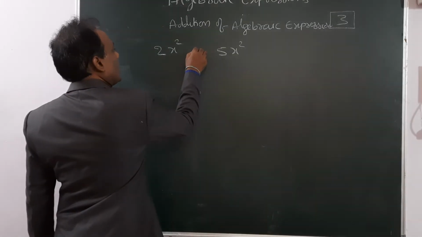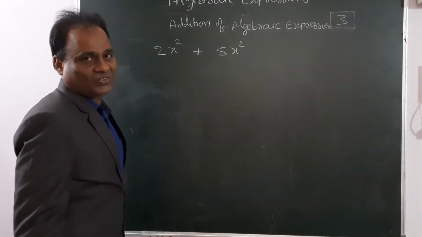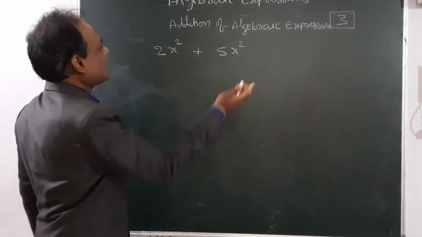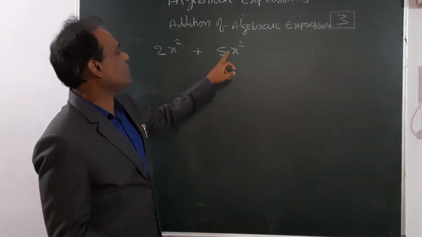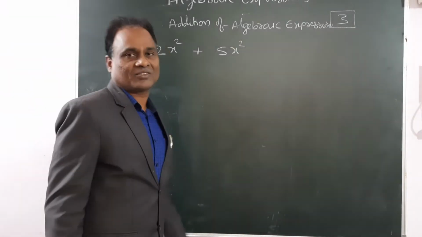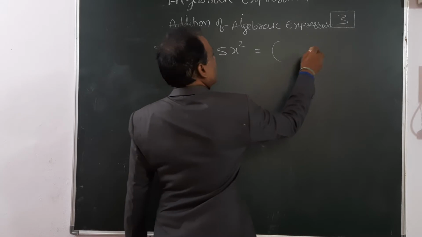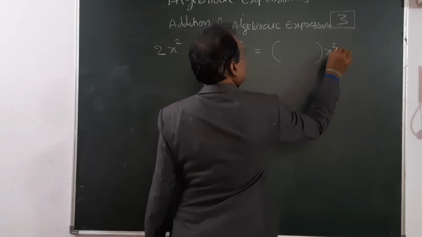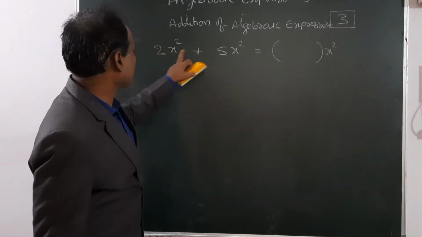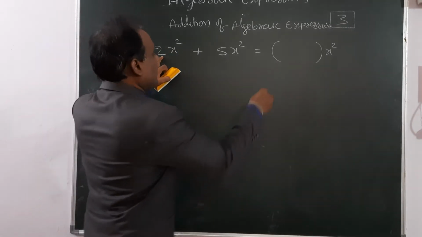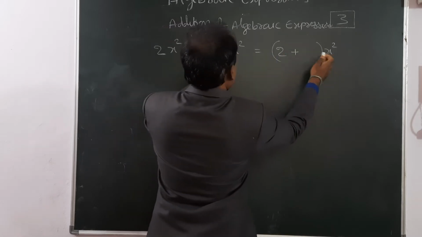So how to add 2x square plus 5x square? We can directly tell: 2 apples, 5 apples, total 7 apples. Or you can take x square common. If x square is taken out, 2 will remain, plus, x square is out, 5 will remain.